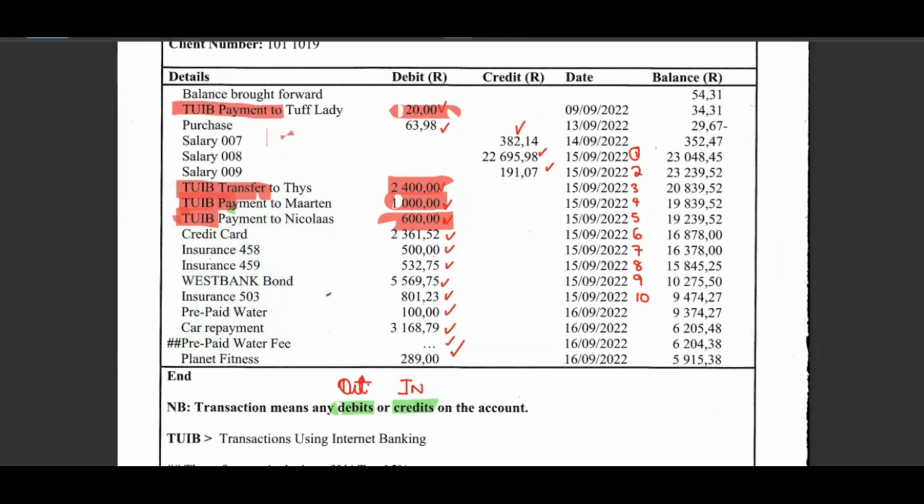So we are going to add this. We are adding the 20 rand plus 2,400 plus 1,000 plus 600.